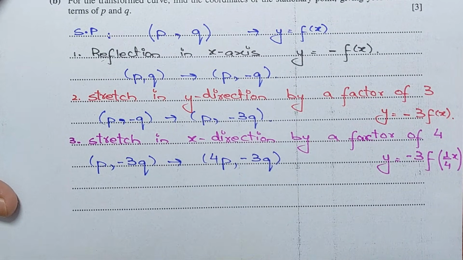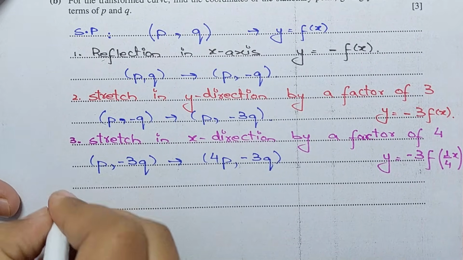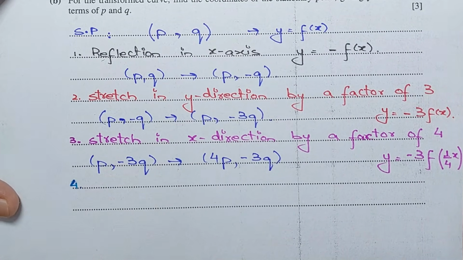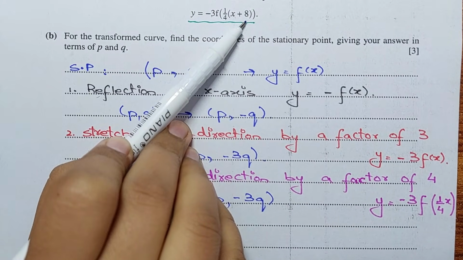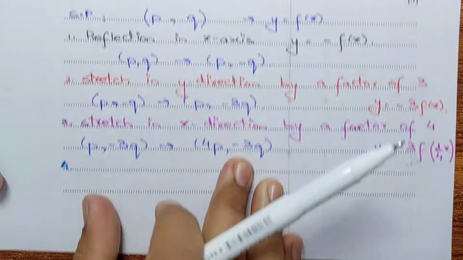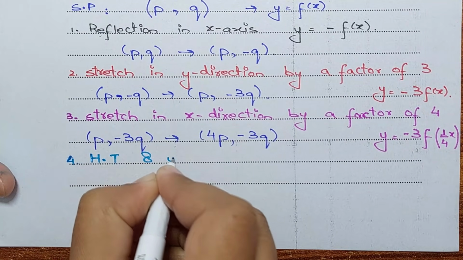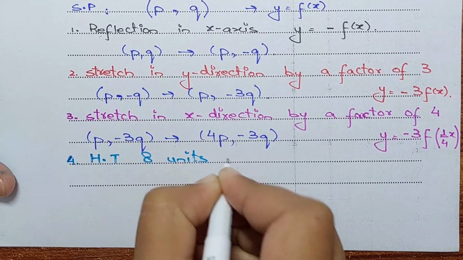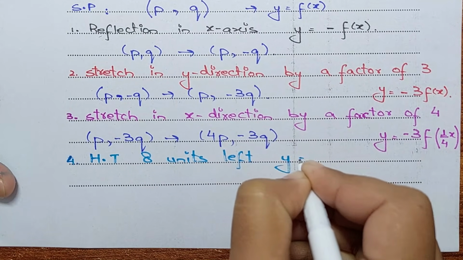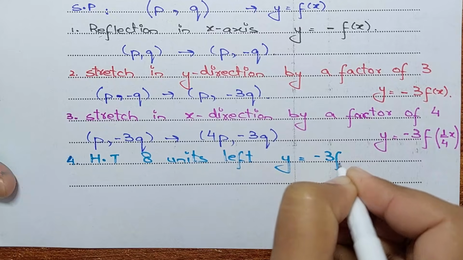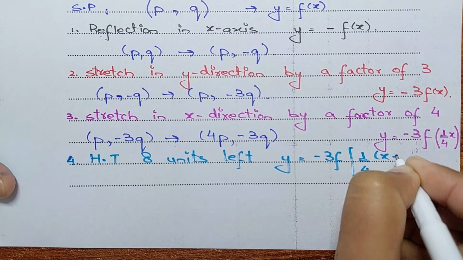Okay, now the fourth transformation is this 8. This 8 tells us the horizontal translation 8 units left. So y changes to minus 3 f of 1 over 4 x plus 8.